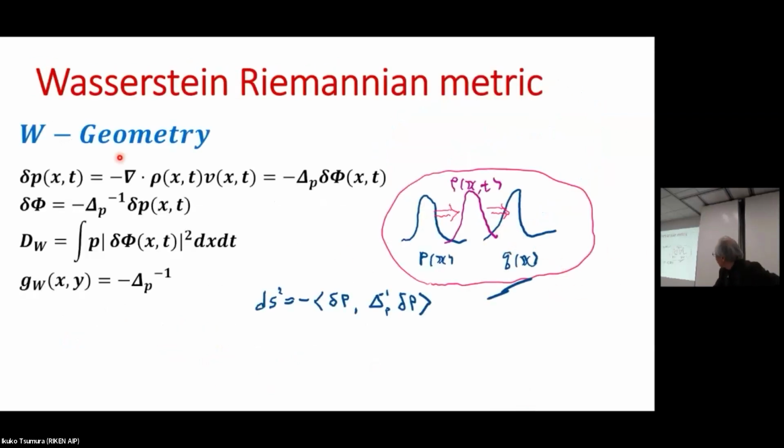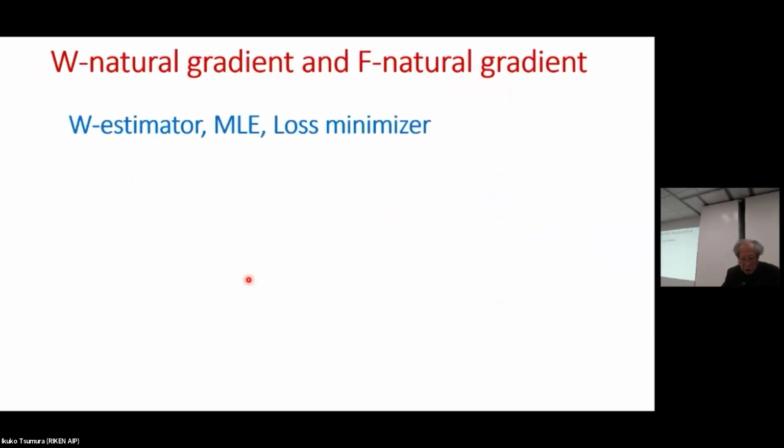In the case of Wasserstein geometry, we have the dynamic formulation, and finally we obtain the Wasserstein Riemannian operator as minus the inverse of the Laplacian of P, where the Laplacian is gradient, multiplied by P, and take divergence. So it is P Laplacian.